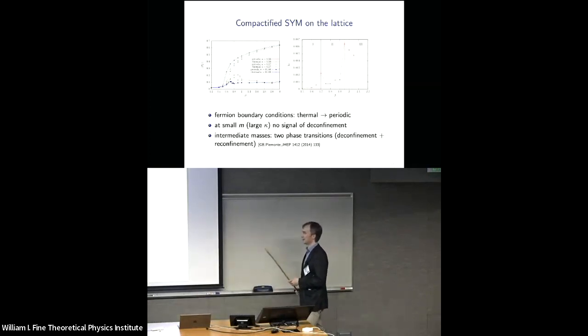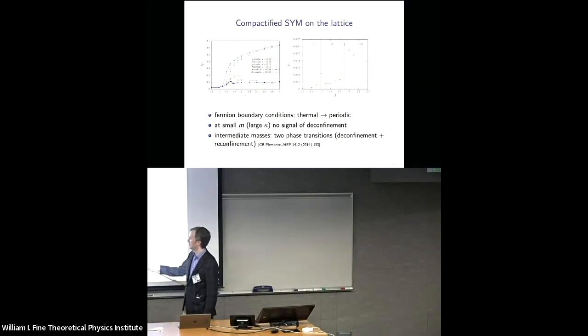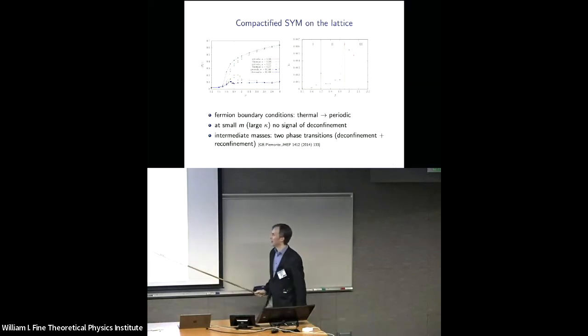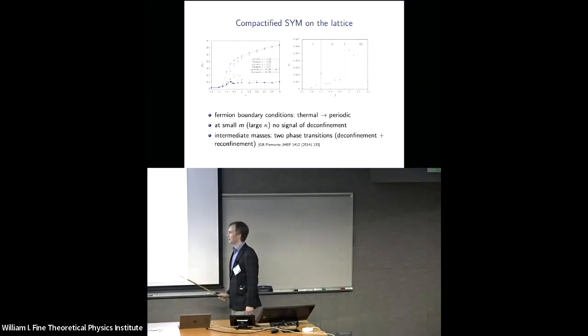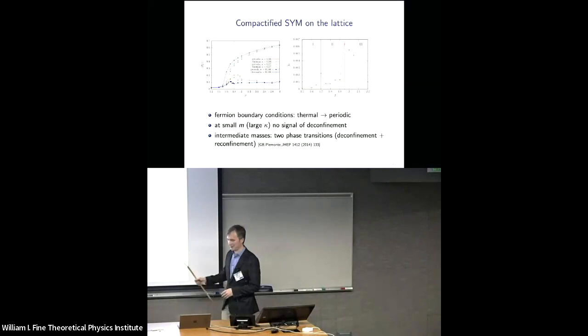What we find is actually quite interesting: in contrast to the thermal case, where you always have this deconfinement transition and the Polyakov loop rises at a certain point, with periodic boundary conditions, if you lower the mass, at a certain point you see this kind of continuity. What is different from the expectation is that you actually get three different phases. You get a confined, a deconfined, and a reconfined phase if you go to larger masses.